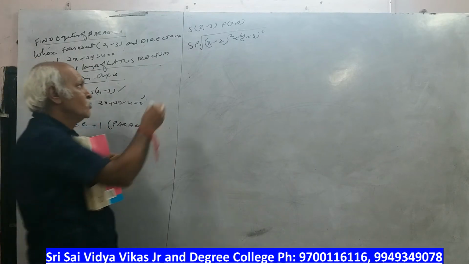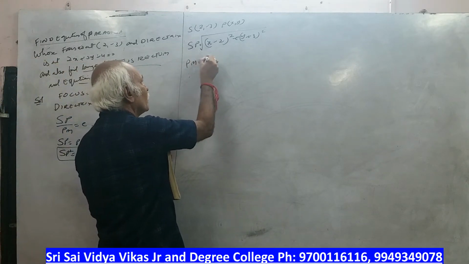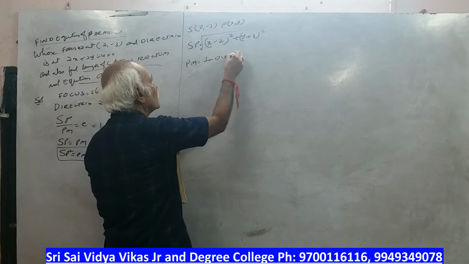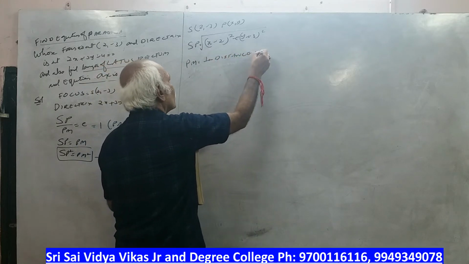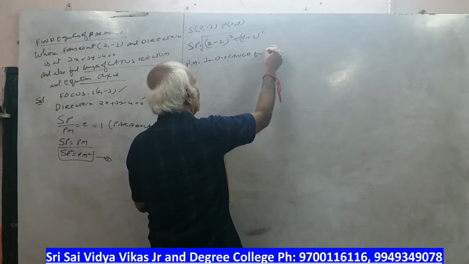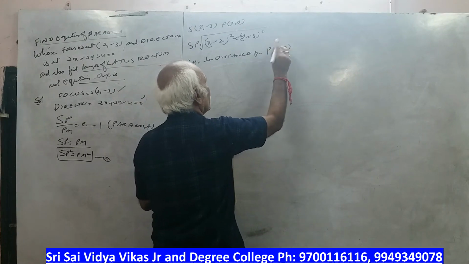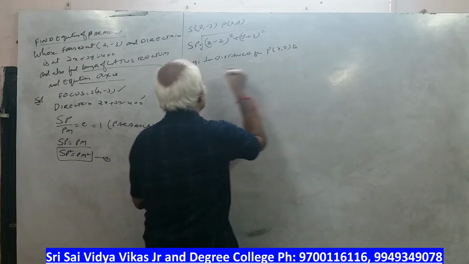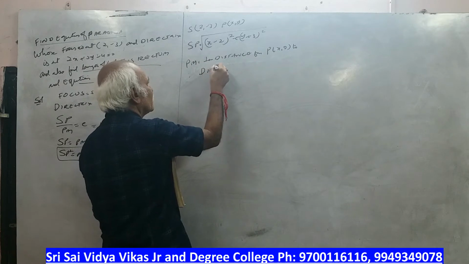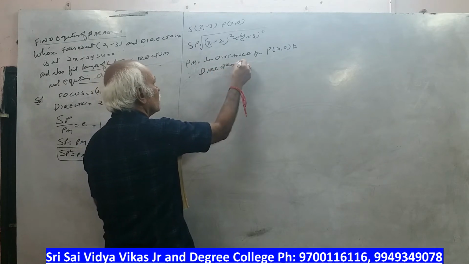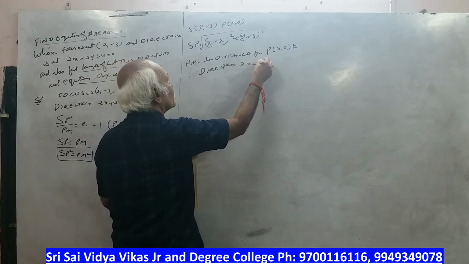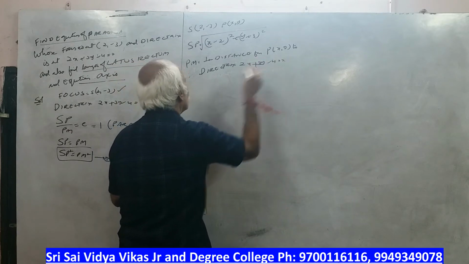That is the distance. What is the PM? The perpendicular distance from P(x, y) to the directrix 2x + 3y - 4 = 0.